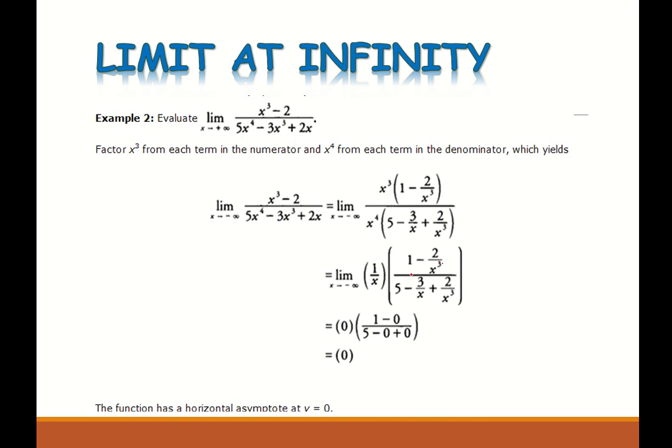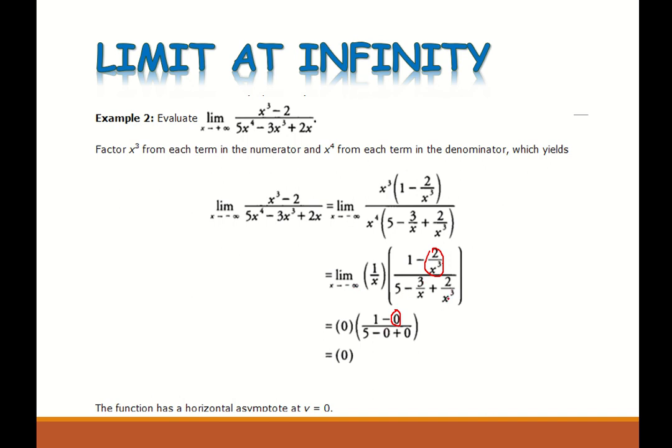So you have 1 minus 2 divided by negative infinity, which would be 0. This part, 2 divided by x cubed, when you substitute negative infinity, gives us 0. Also here we have 3 divided by x. When you divide 3 by negative infinity, that is also 0. That's why you have 0 here.